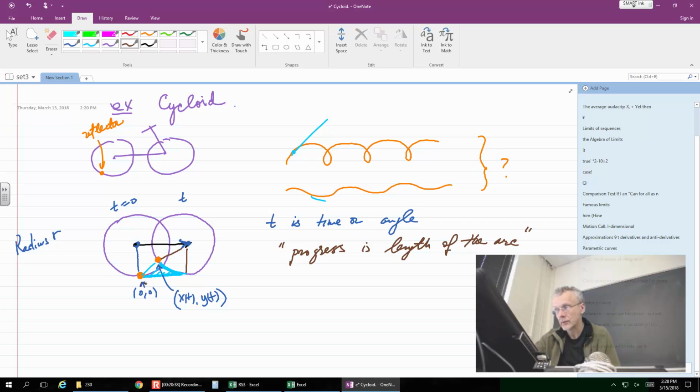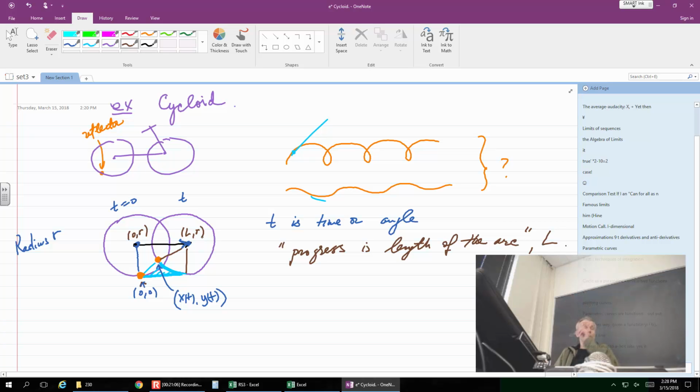So this point is (0, r). The x coordinate is 0, and the y coordinate is r. The next one, let's say the length of the arc, I need a letter for it, say L. So this point is (L, r).